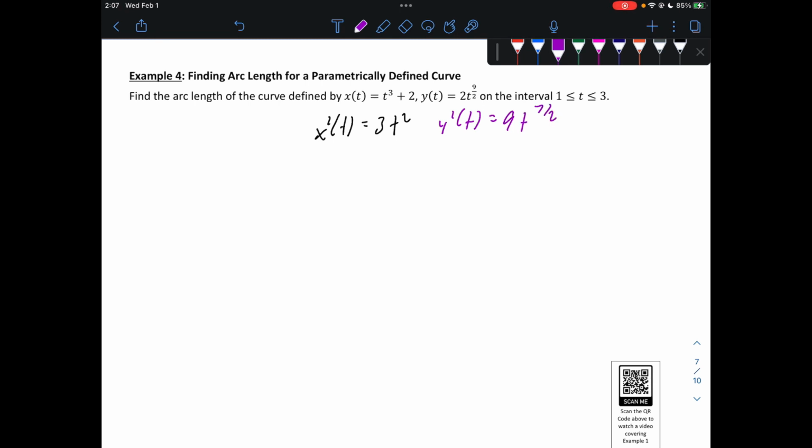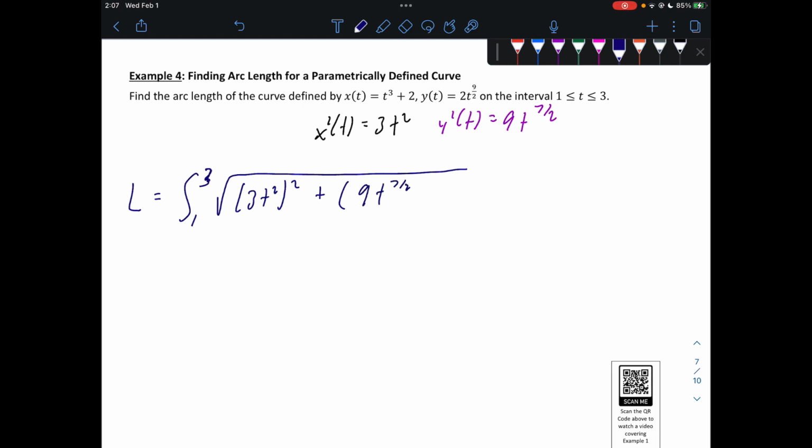So our arc length is going to be the integral from 1 to 3, because those are our t values, of the big square root of x prime of t squared plus y prime of t squared, dt.